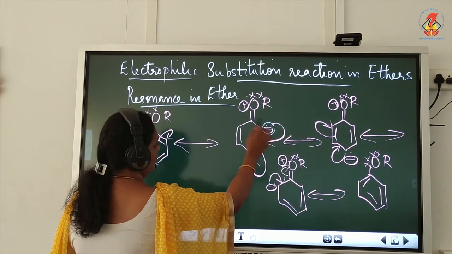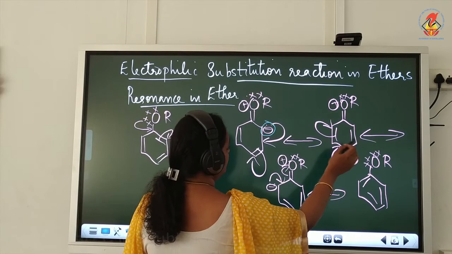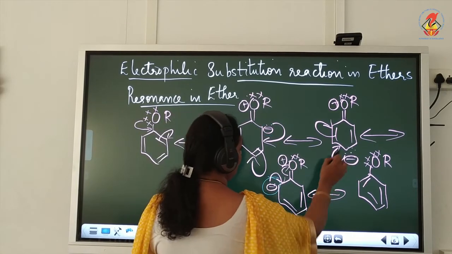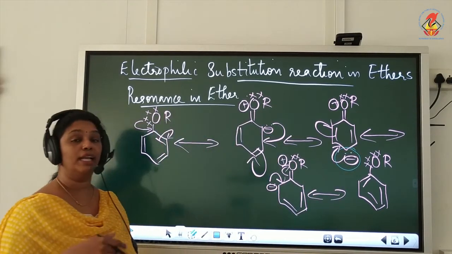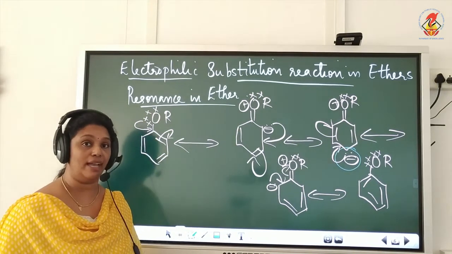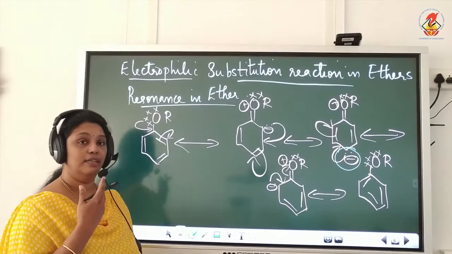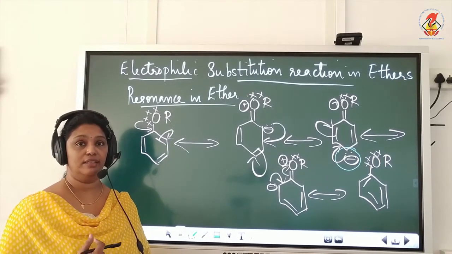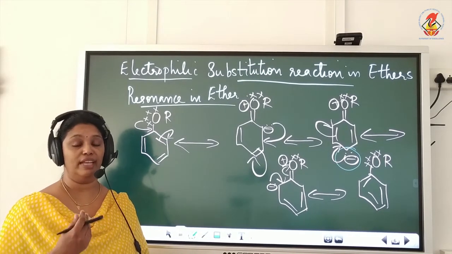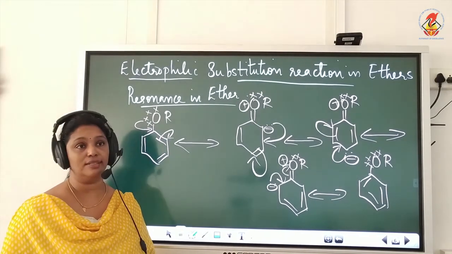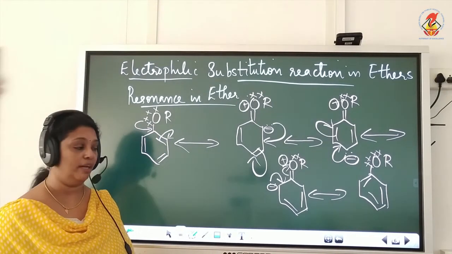This is one ortho position, this is the other ortho position, and this is the para position. So the incoming electrophile can easily attack the ortho and para positions, and when ethers undergo electrophilic substitution reactions, we get ortho and para products.